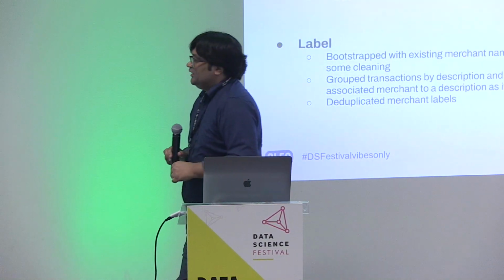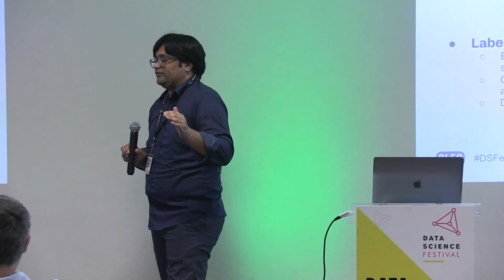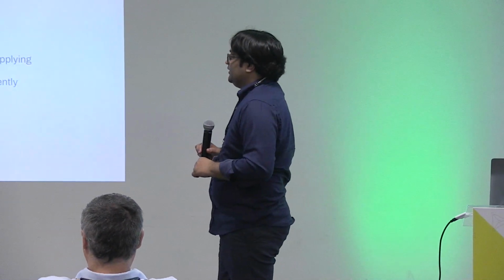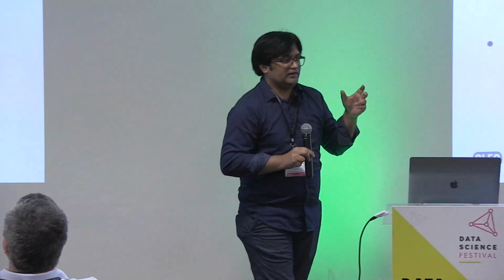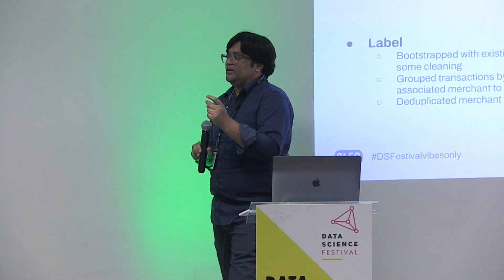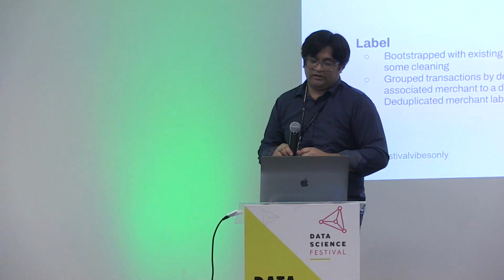For the labeling, we bootstrapped it with the existing merchant data that we have, with some cleaning done on that. One thing we also did was group together similar descriptions and see what the top merchant in our DB is to label that, so that we can reduce duplication.